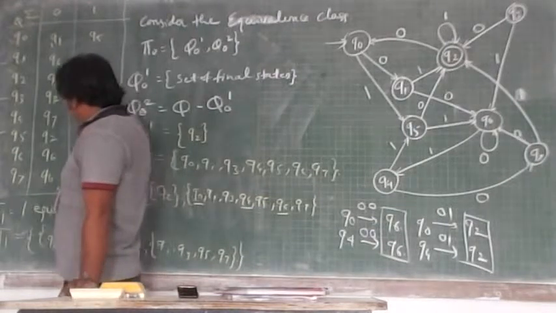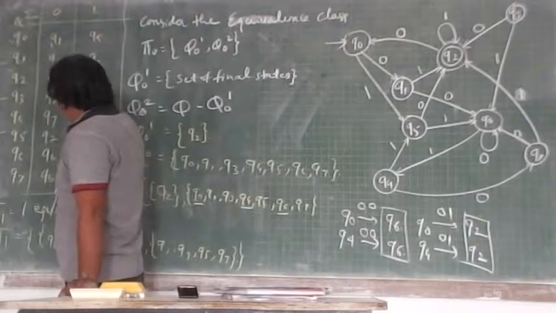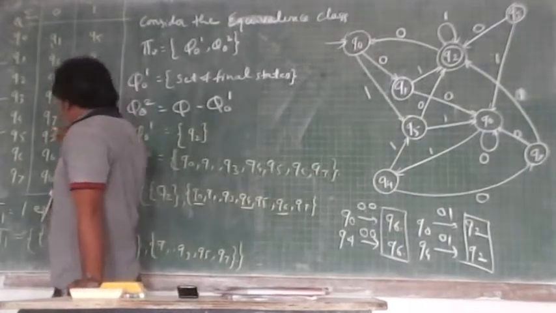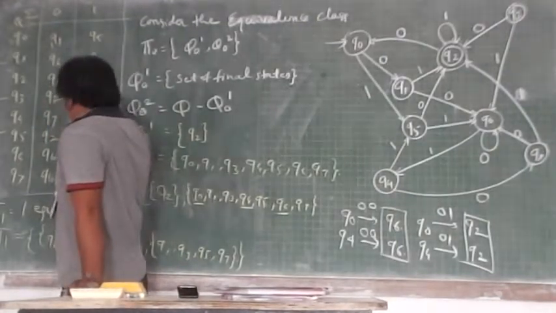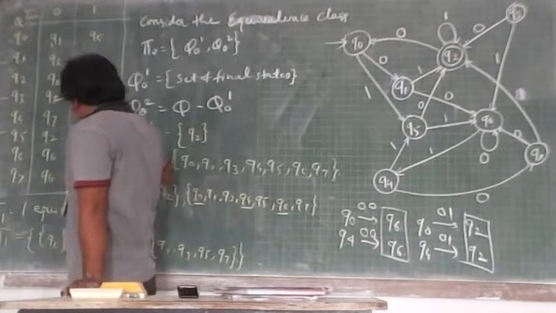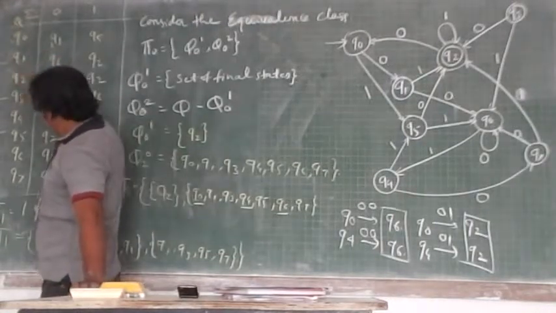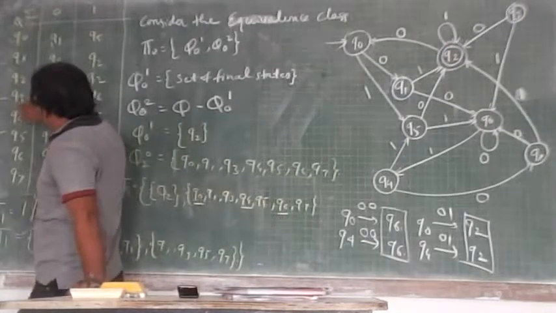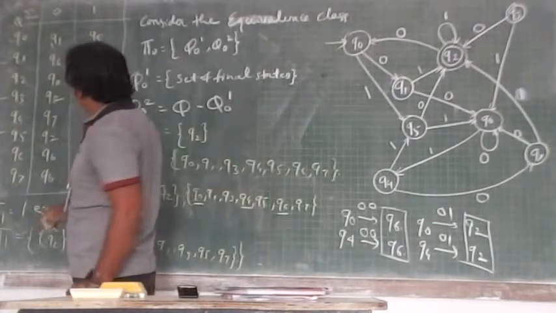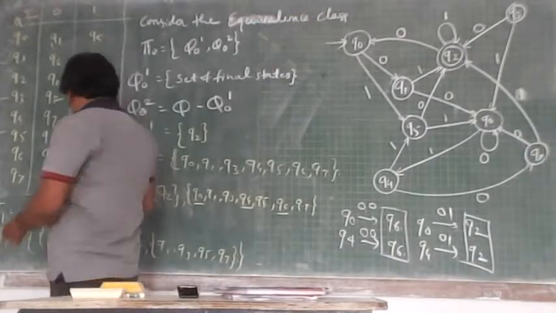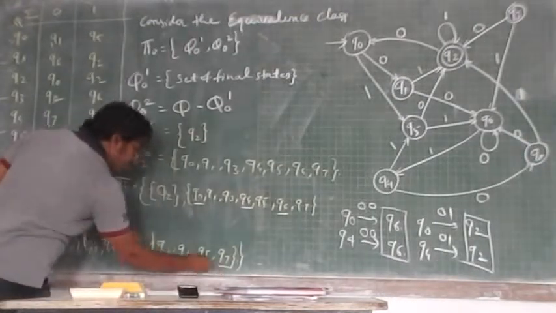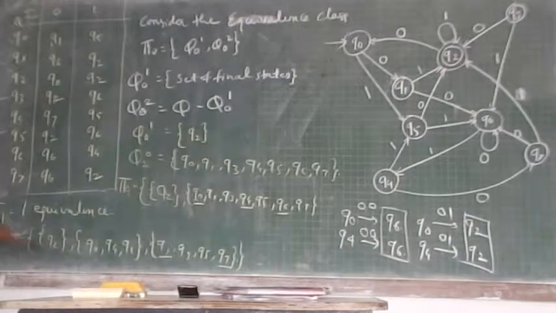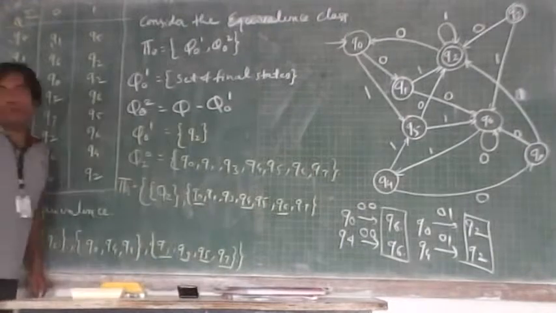And if you see Q3 and Q5, for 0 both are reachable to the final state, and for 1 both are reachable to non-final state. Again in that case, Q1 and Q7 are one equivalent, and Q3 and Q5 are again one equivalent.